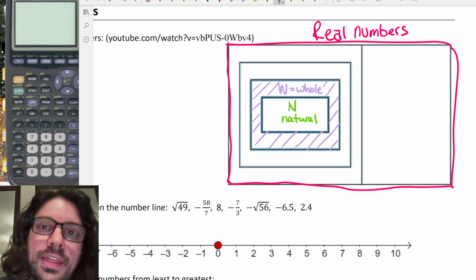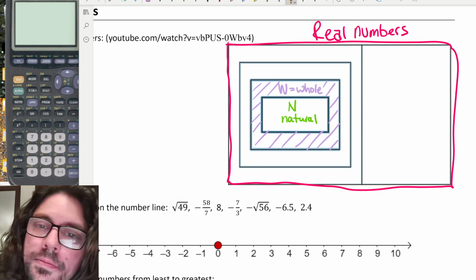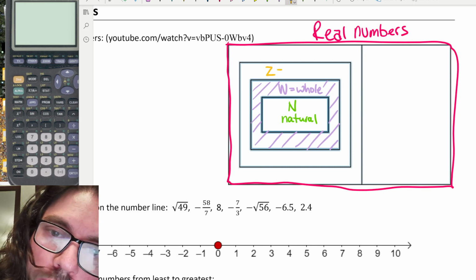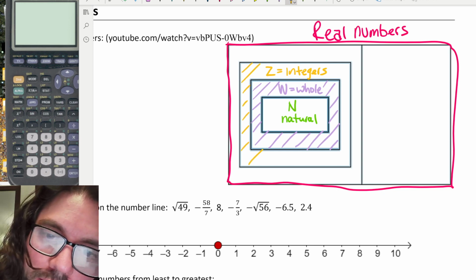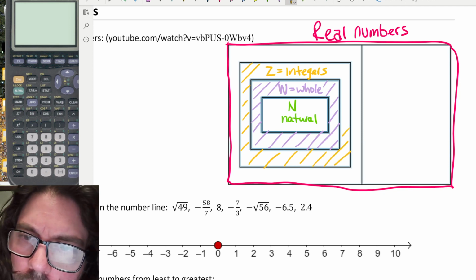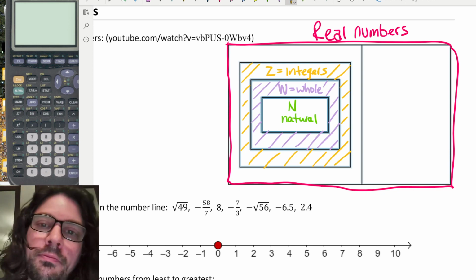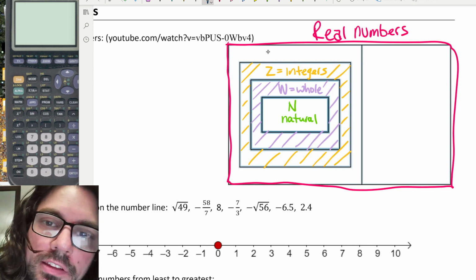And then outside of that, we've got what we call the integers. And again, we're going to define all these on the side, but we're just kind of laying out where they fit. And then finally, outside of that, we've got kind of two distinct sections.